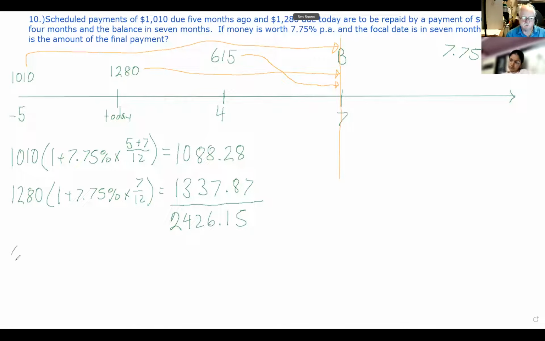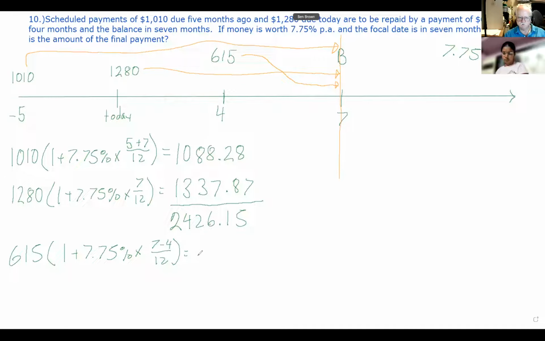So we've got to take the 615 forward, 1 plus 7.75%, and it's got to go 7 minus 4 over 12. So I'll take a big chance there. 7 minus 4, 3 divided by 12 times 7.75% equals that, plus 1, times 615.